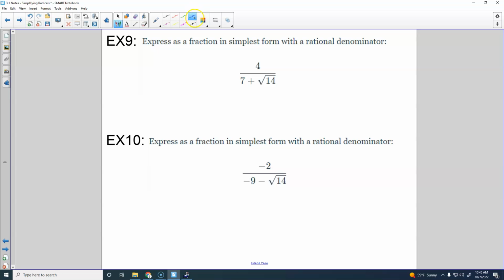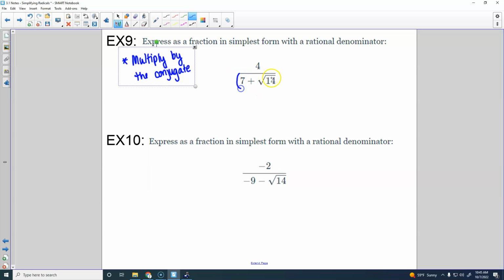So what we're going to do here has a special name. We're going to multiply by the conjugate. Have you heard that phrase before? It's also used with i's sometimes. Conjugate is also used with i's.